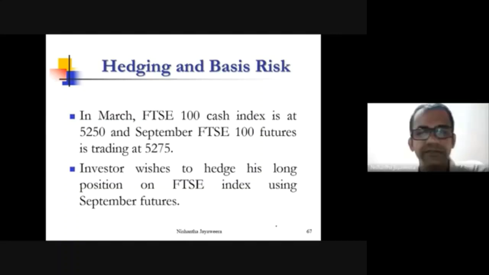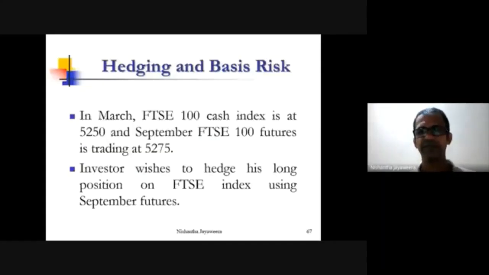When you do that, there's a relevant transaction cost as well. So there's a trade-off between whether you go for a perfect hedge or an imperfect hedge.